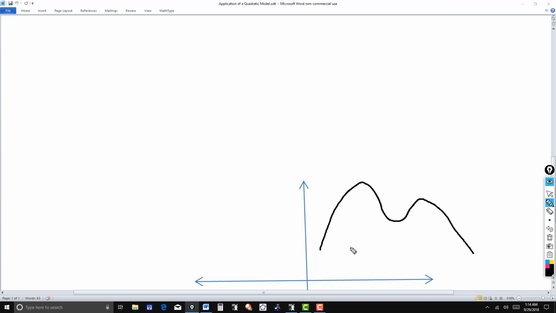So it reaches two, what we call relative maximum values. We have one right here, and one over here. So obviously, we want the largest value. So in this case, we're concerned with this particular one right here. The formulas that I have here for a parabola are not going to work on this because this is not a quadratic function. So the method I'm going to give you will work for these types of curves, and that's using the graphing calculator.